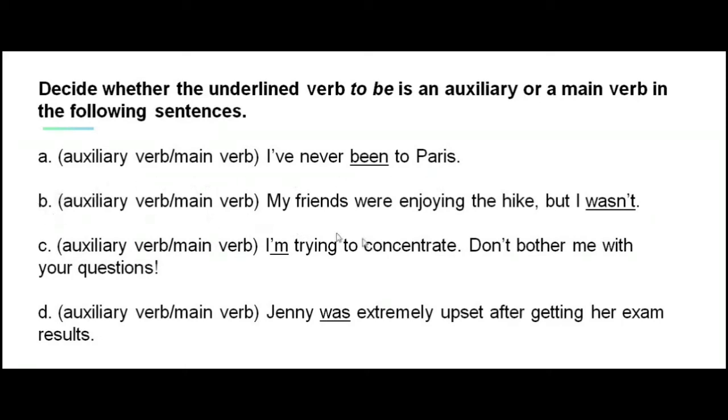B. My friends were enjoying the hike, but I wasn't. C. I'm trying to concentrate. Don't bother me with your questions. D. Jenny was extremely upset after getting her exam results.